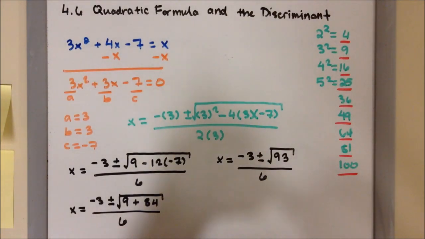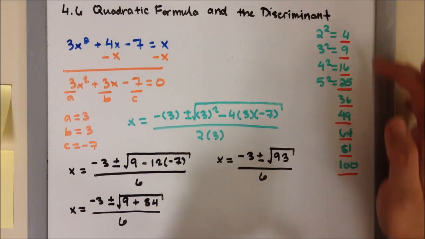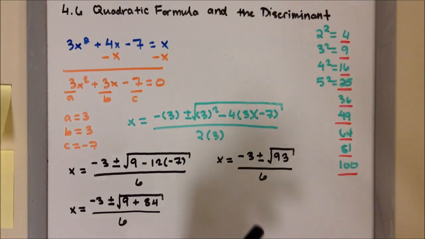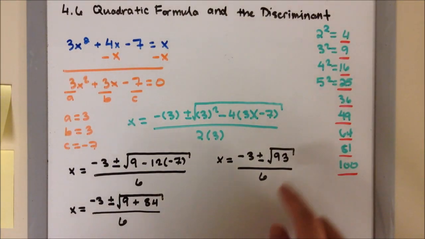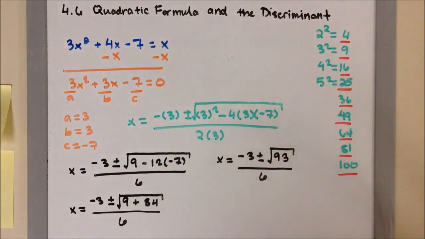Now, checking with the numbers I underlined in red, 4, 9, 16, and so on, none of these numbers can go into 93. So since none of these numbers can go into 93, there's nothing you can do to simplify the square root. If there's nothing you can do to simplify, it's going to stay as the square root of 93.